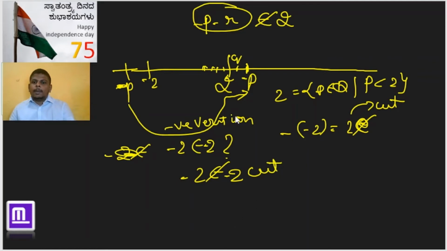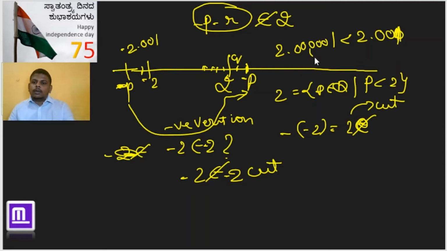So this is okay. But what about the other numbers like minus 2.0001? You can find minus 2.0001, which is less than minus 2.001.